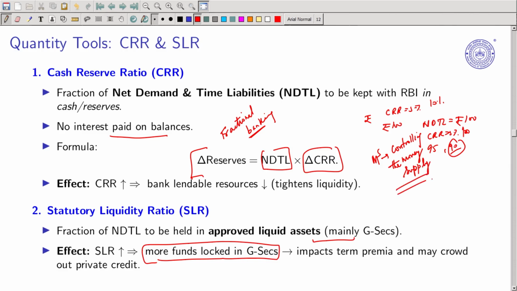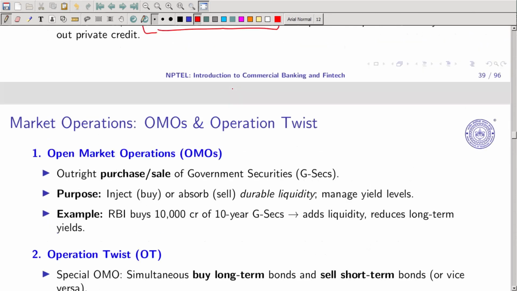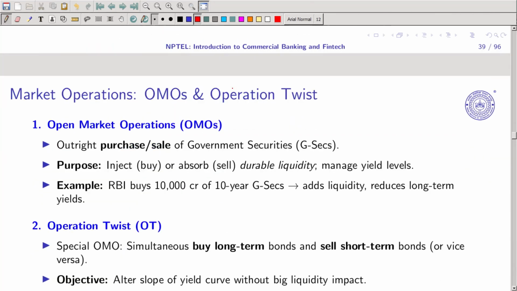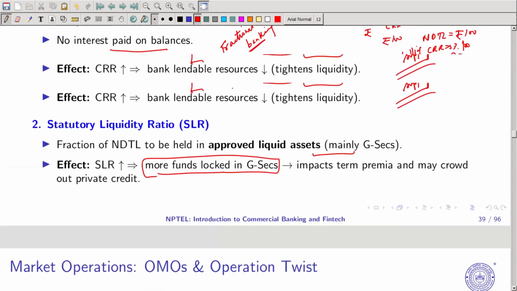Right, this is what we have. So, OMO is this, another important aspect. Maybe in the next session we will be talking about this particular part, the open market operation and operation twist.